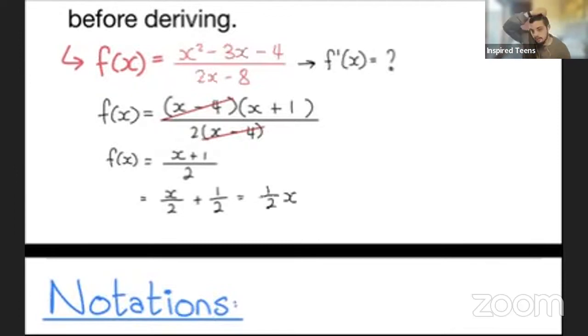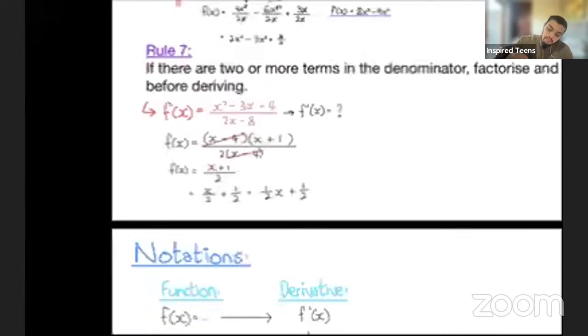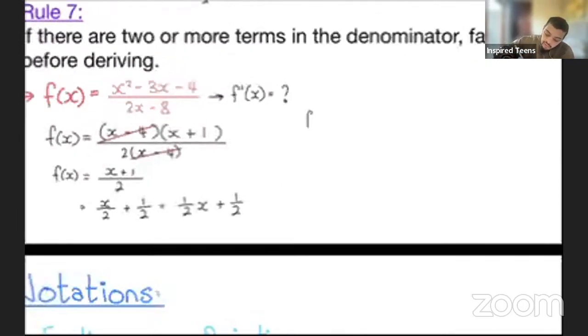We should always try and write it in terms of a coefficient and an exponent: 1 over 2 x plus 1 over 2. Now to find the first derivative, I just need to remember that the constant will be 0. This is to the power of 1, so 1 times a half, and then x to the power of 1 minus 1, which is 0, which gives 1, so it's just a half. The first derivative function is just 1 over 2.